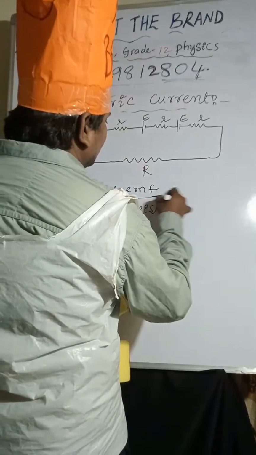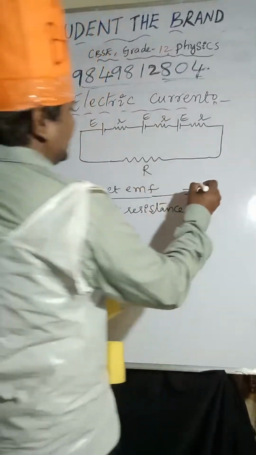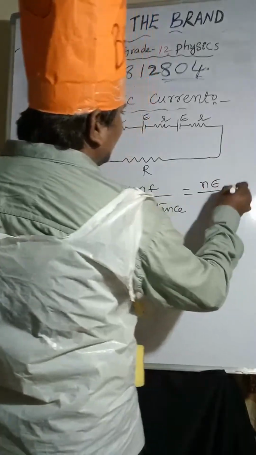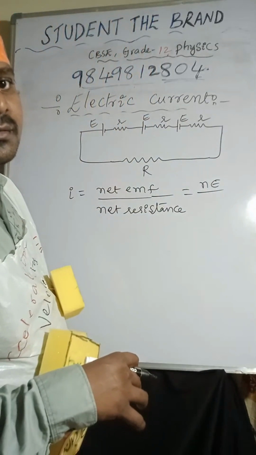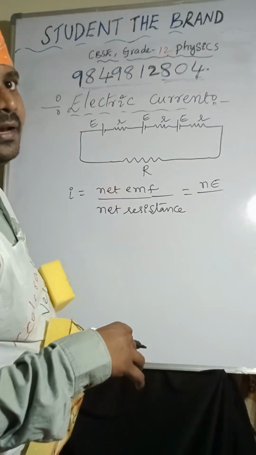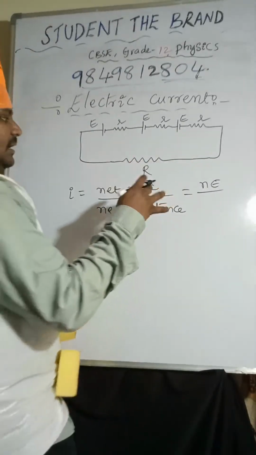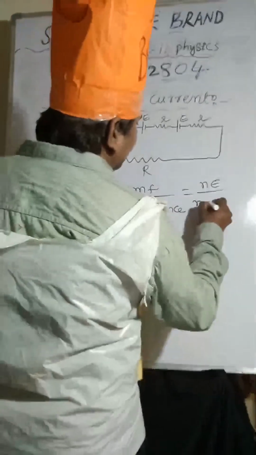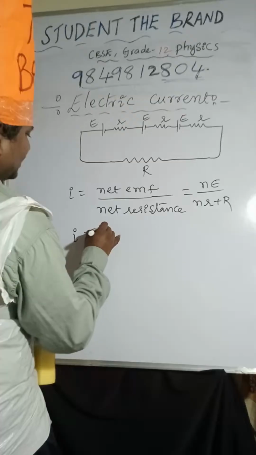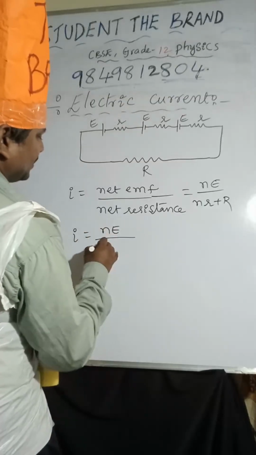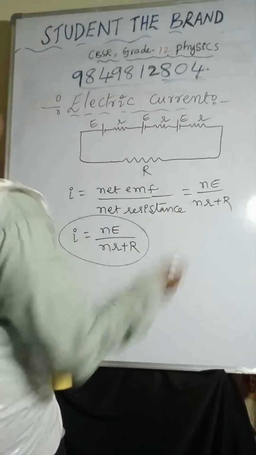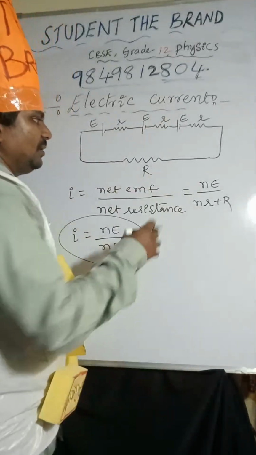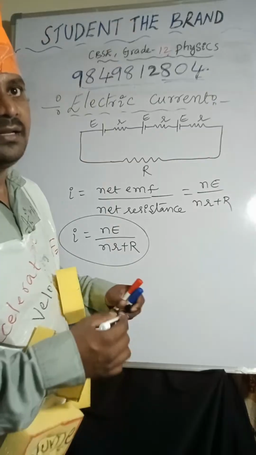Net EMF is nE, because all are connected in series. Net resistance is nr plus capital R. So I equal to nE by (nr plus R). The total net resistance is the overall resistance we are adding.